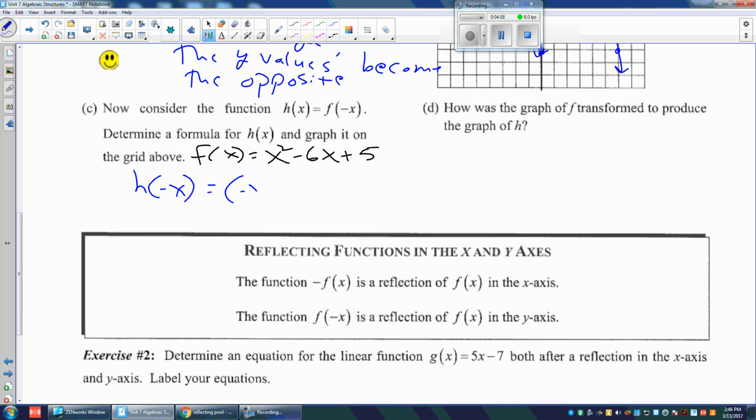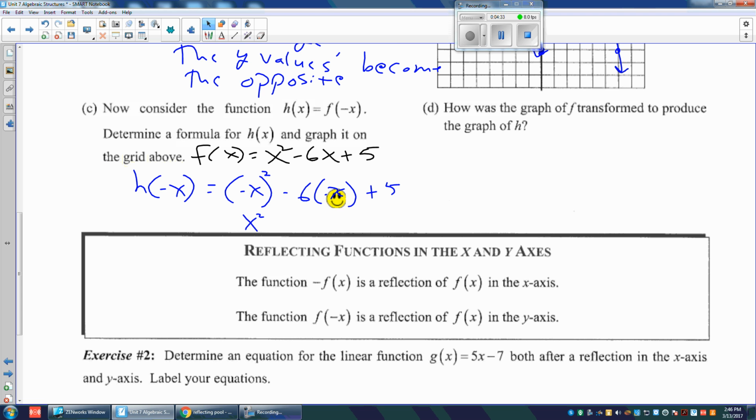So, negative x squared minus 6 times negative x plus 5. Okay, this is the interesting part. What's a negative number squared? Positive. So this just becomes x squared.